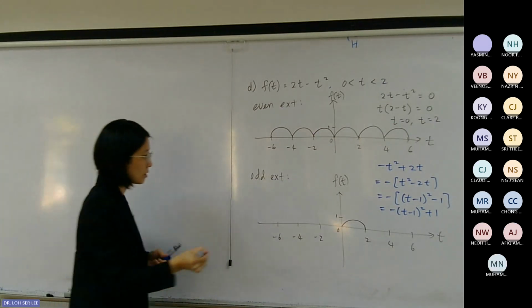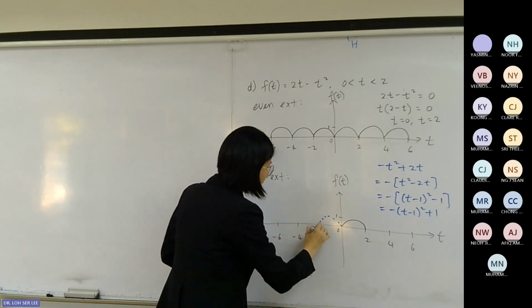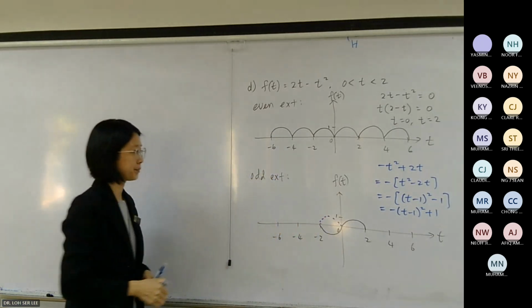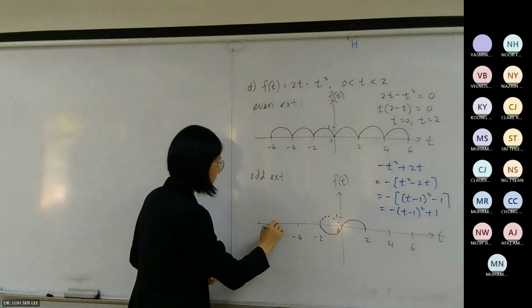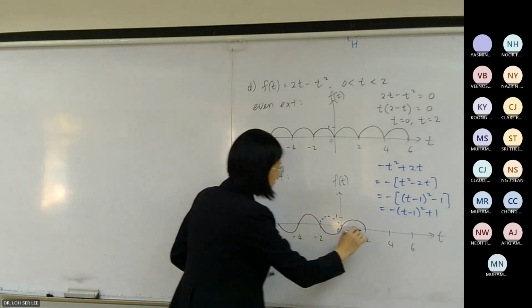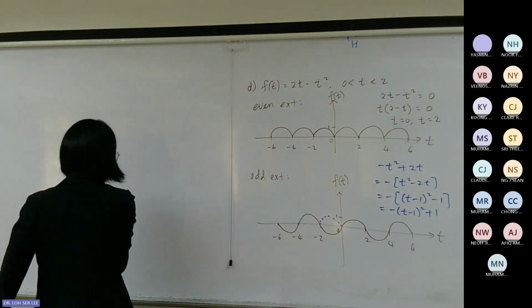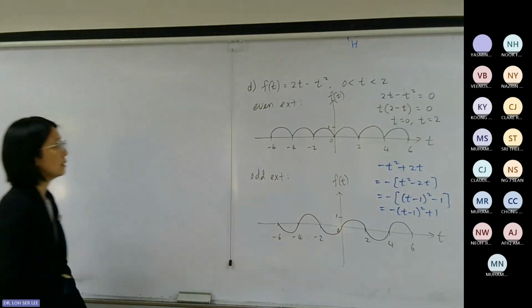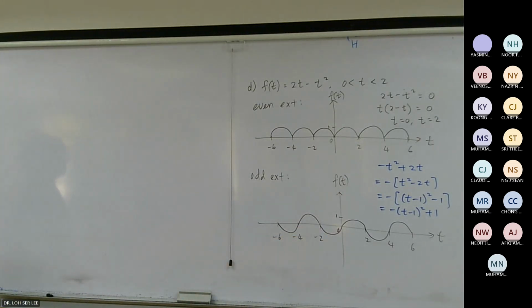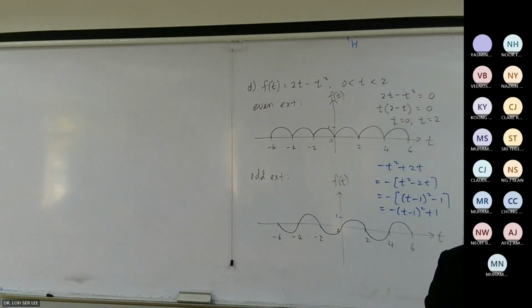And for the odd extension, after you reflect through the y-axis, then reflect it through the x-axis. Then copy paste, and ignore the dotted curve. So this is the odd extension. Okay, any questions?